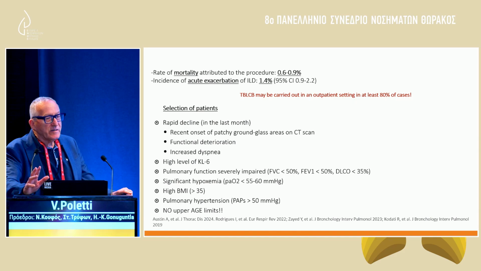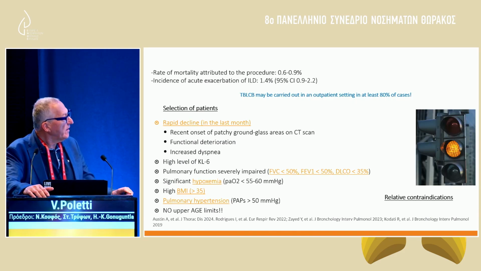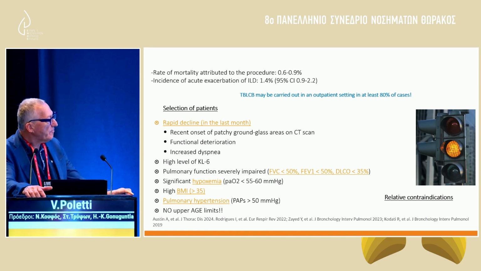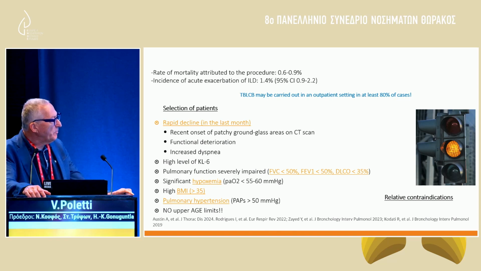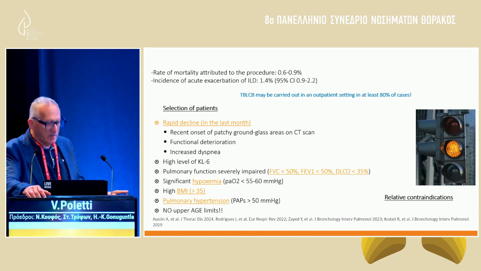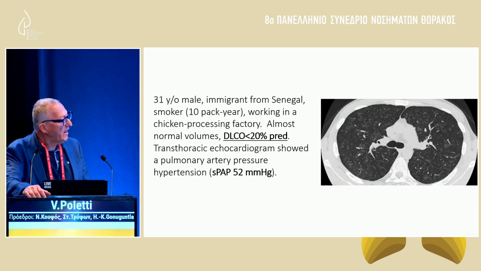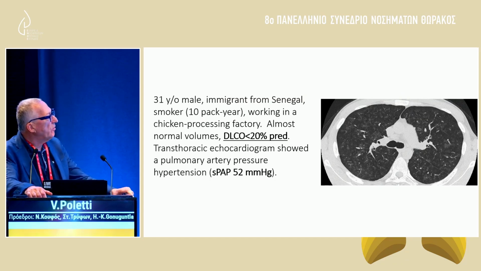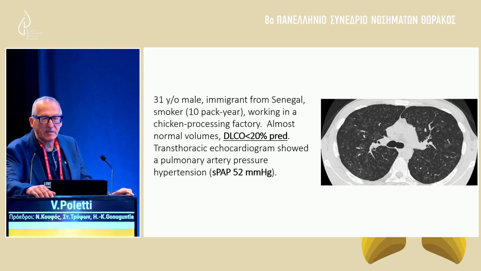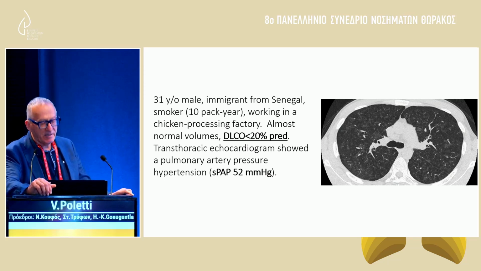We have some suggestions regarding contraindications. Rapid decline, hypoxemia, pulmonary hypertension, low pulmonary function. And this is a case, a 30-year-old male, immigrant from Senegal, smoker, working in a chicken processing factory, almost normal volumes, DLCO less than 20%, and pulmonary hypertension, centrilobular nodules.